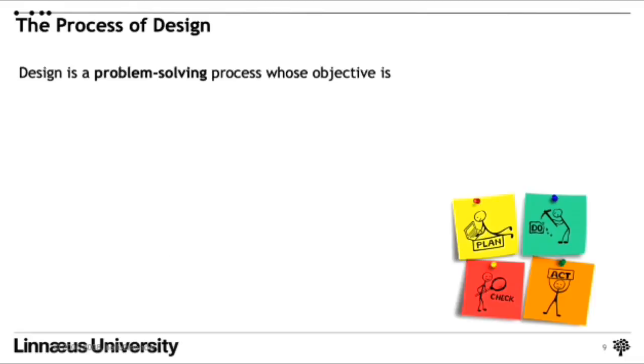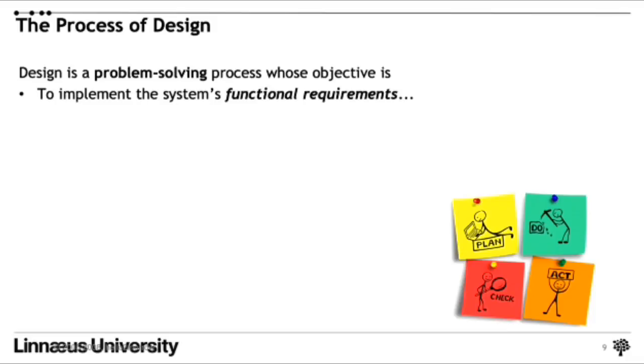Design means problem solving. It's a problem solving process whose objective is first to implement the system functional requirements. I mean, if your customer is asking for a specific functionality, then you have to provide them with this functionality. Otherwise, you're not meeting their requirements.